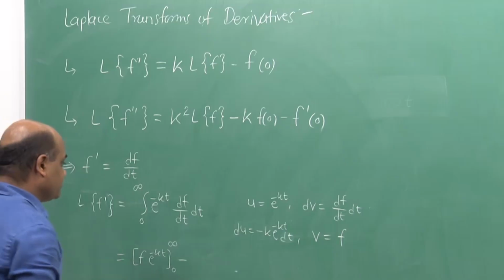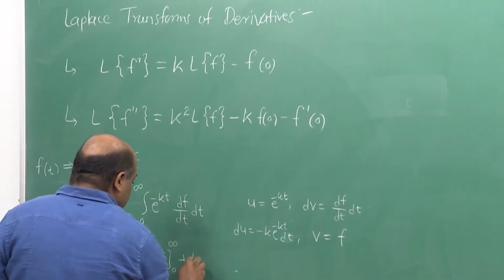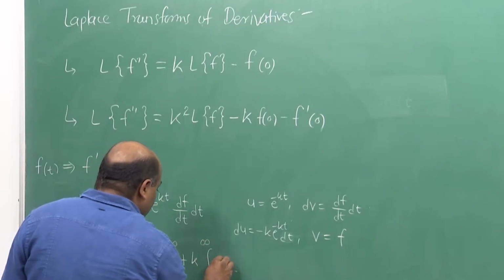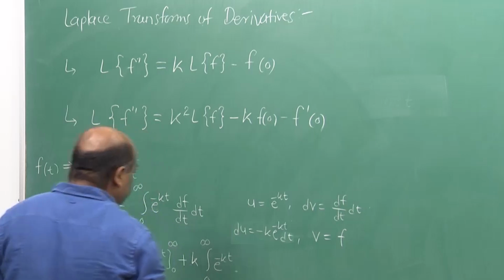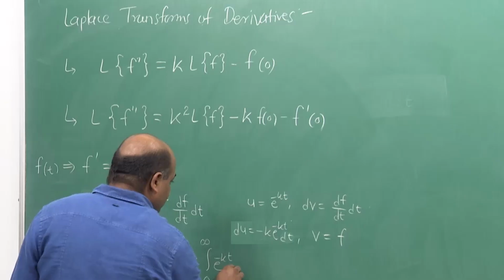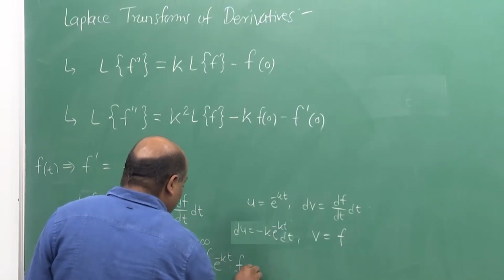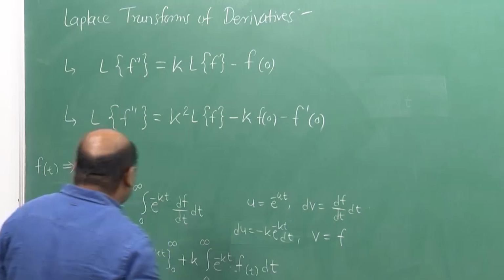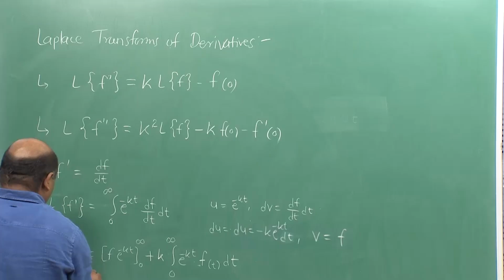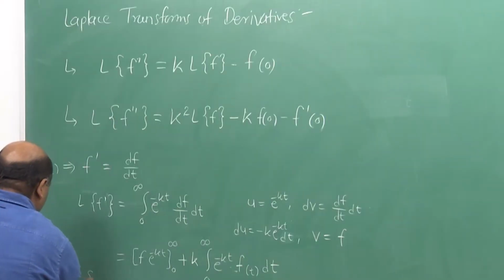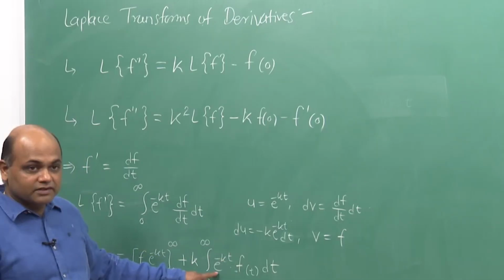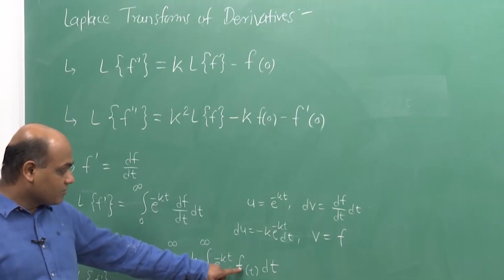minus v du, minus minus plus k integral 0 to infinity e to the power minus kt into f of t dt. Okay. So, L of f prime, this integral is nothing but the Laplace transform of f.